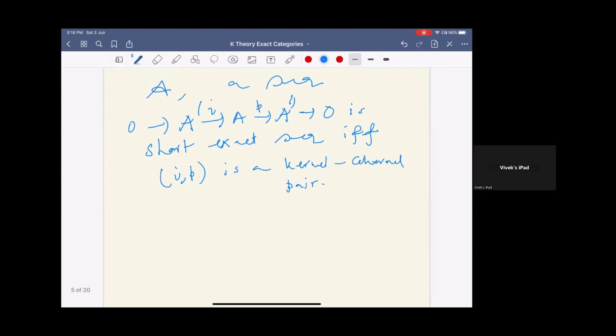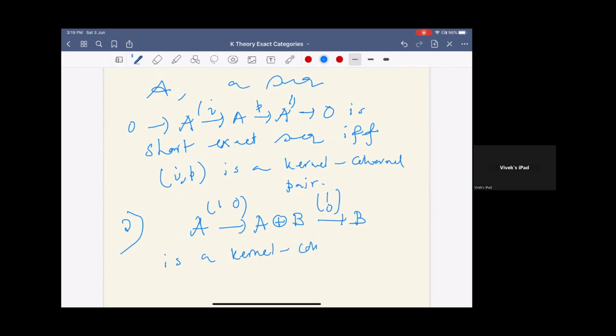And second thing, this is always a kernel-cokernel pair for all A, B belonging to an additive category.